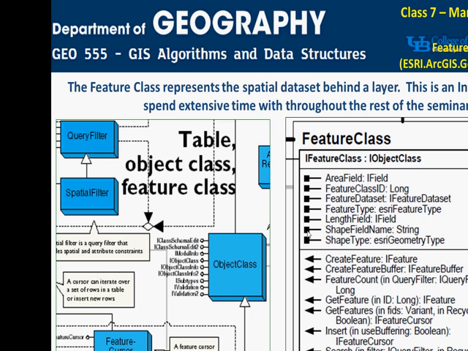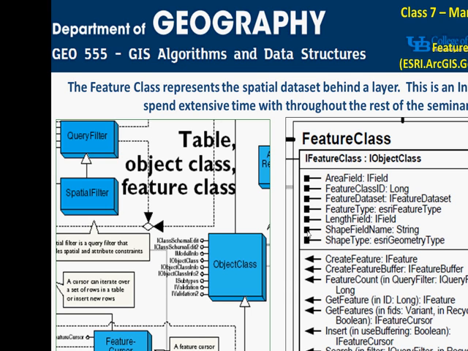So you see here we can get the name of the shape field from feature class, what shape type, and here's an enumeration: is it point, line, polygon? And there's methods on feature class that we will use regularly going forward. Search is a select by attribute query, or it could be a select by location query.